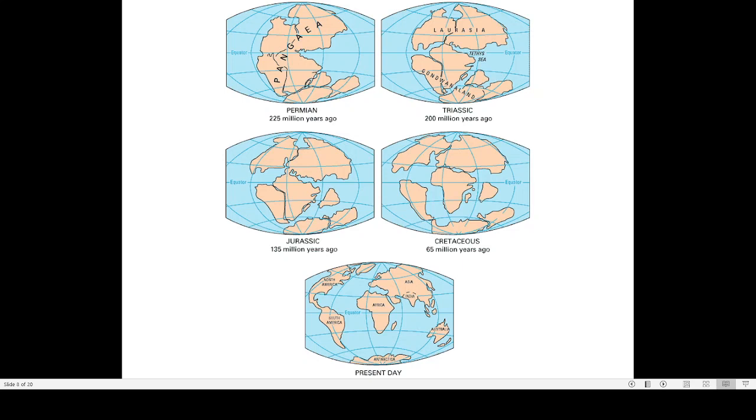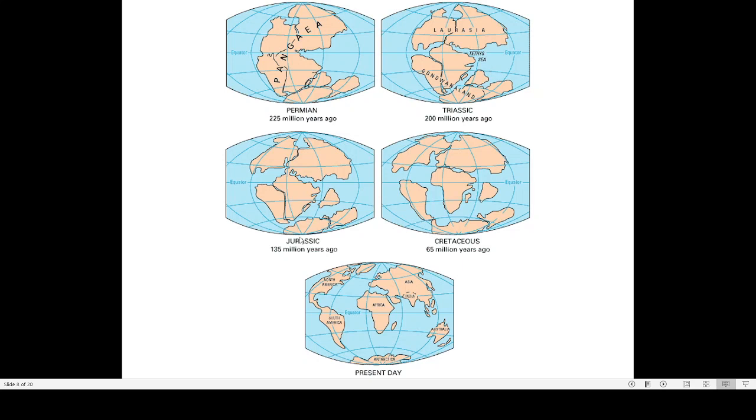Then there are also a lot of other evidences. Here you can see that this was the position of India around 225 million years ago. And around 200 million years ago, during the second phase known as the Triassic period, you can see that India is gradually moving northward.